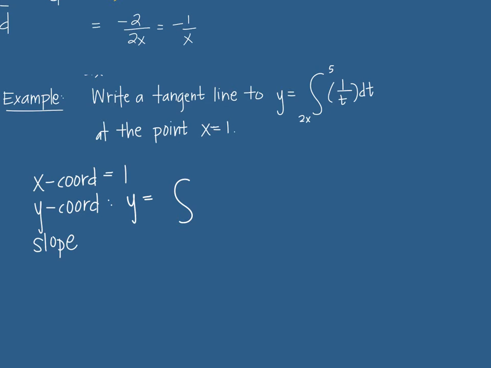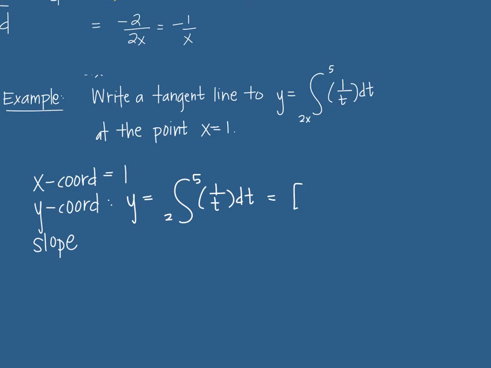What goes in for x? 1. So it will be the integral from 2 to 5 of 1 over t dt, which I actually have to figure out. Okay, that's not too bad. I can use my fundamental theorem of calculus part 1. Because I have both of my bounds, neither of them are variables.